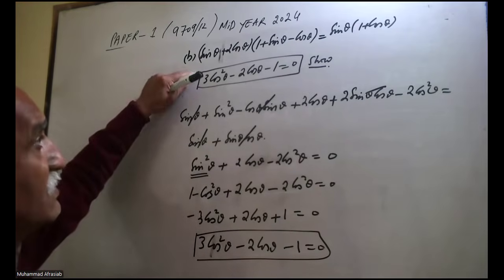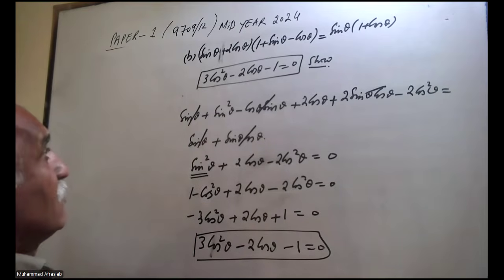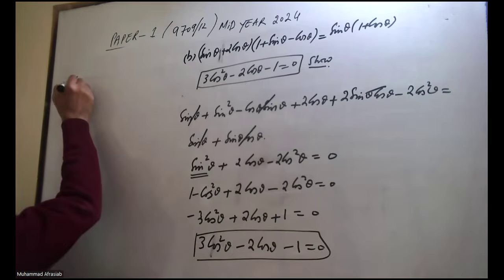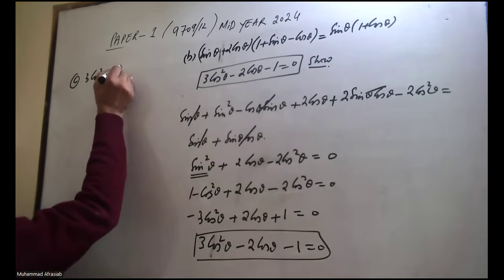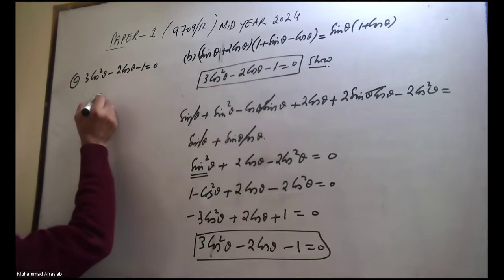Since this expression is equal to this expression, we are going to solve this C part. So it should be equal to 3 cos square theta minus 2 cos theta minus 1 equal to 0.